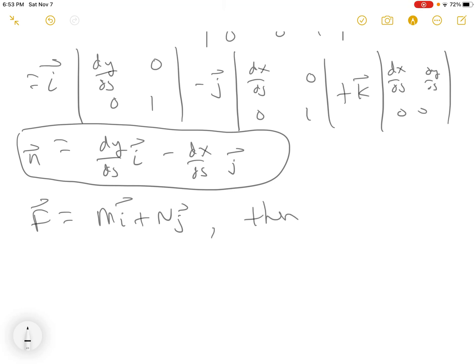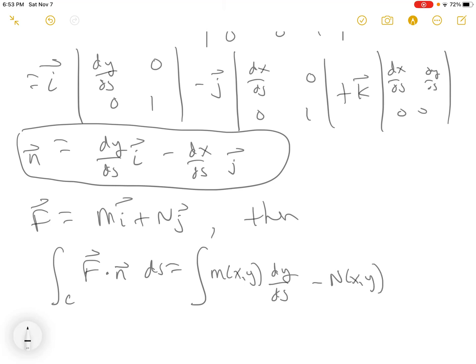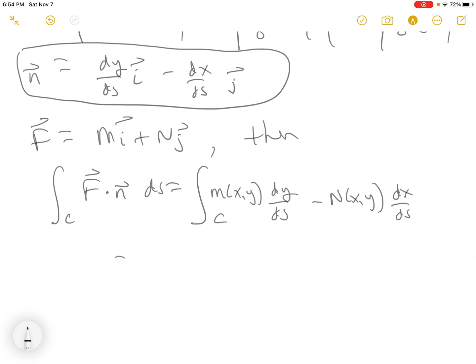So then we have f dot n ds equals, when you dot these, you get M dy ds minus N dx ds around C. And we did this before. This becomes M dy minus N dx.